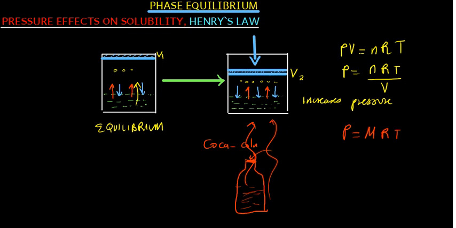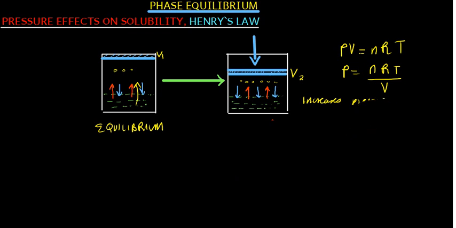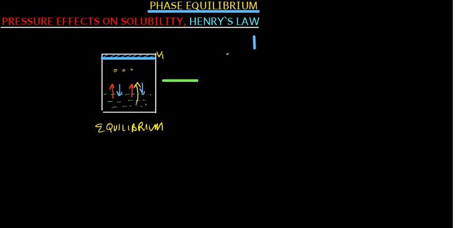Now we have just stated Henry's law, and we've said it states that the amount of gas dissolved in a solution is proportional to the pressure of the gas above the solution. And we can put this in an equation. Amount of gas which is dissolved is proportional to the pressure above the solution.